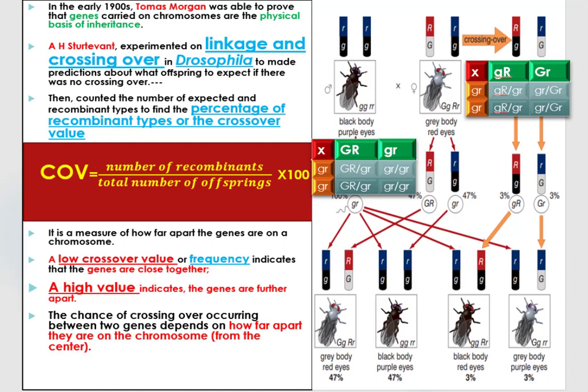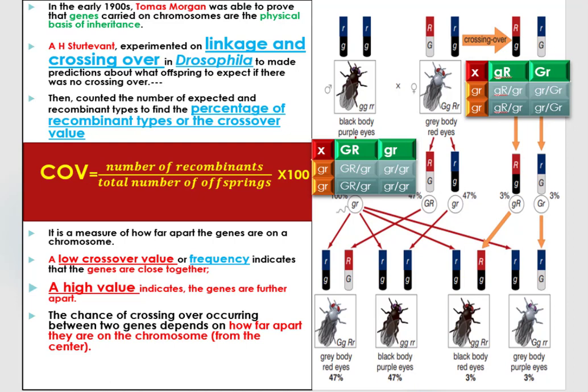Then he counted the number of expected and recombinant types to find the percentage of recombinant types, or the crossover value. COV, or crossover value, is equal to the number of recombinants over the total number of offspring times 100.